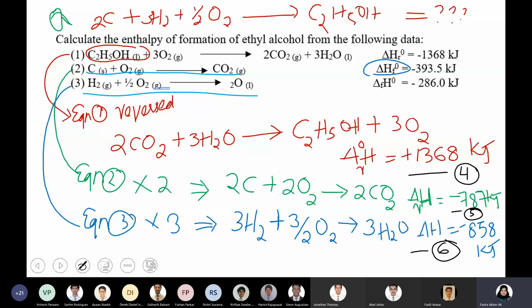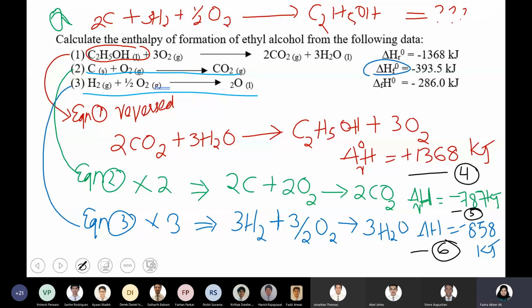Now you have to add equation 4 plus equation 5 plus equation 6, and then you will get your answer. Now it's minus 277, right? Yeah, minus 277 kilojoules.